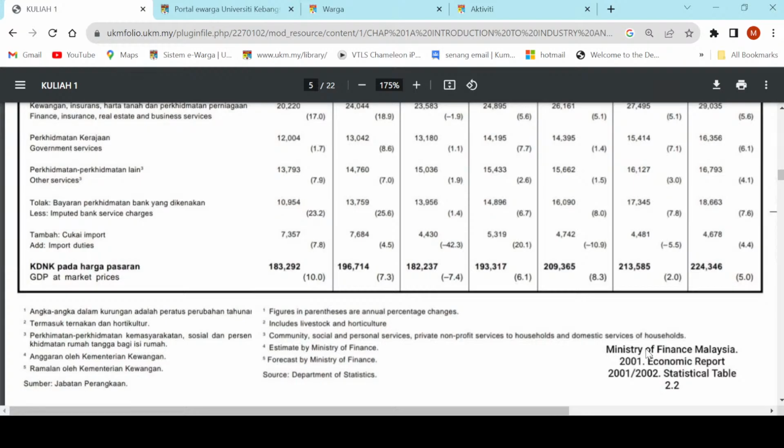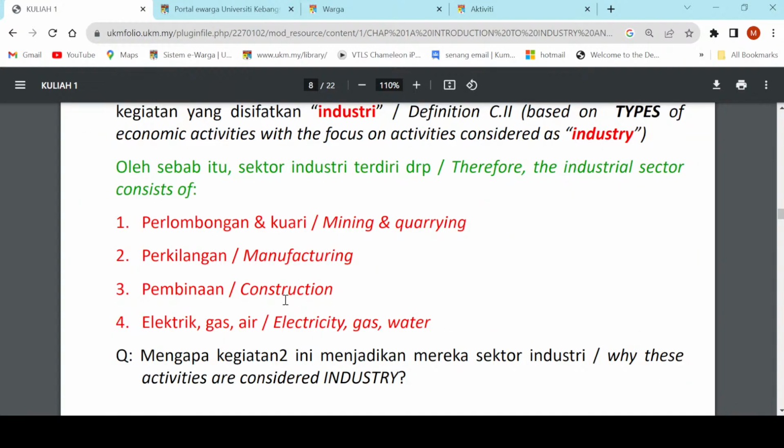To manufacture semiconductor microchips, of course, you need high technology. Construction needs technology. You see the Petronas Twin Tower uses a lot of technology to build. Even any other building today, they use cranes and other technologies.